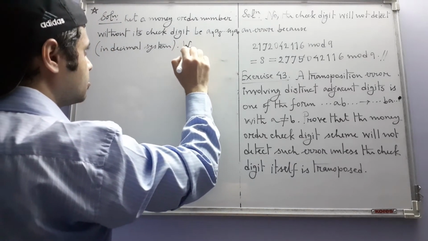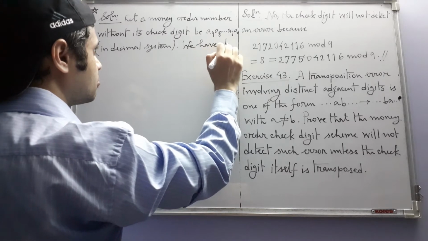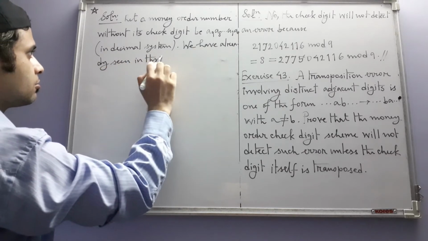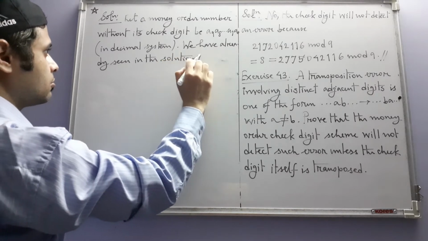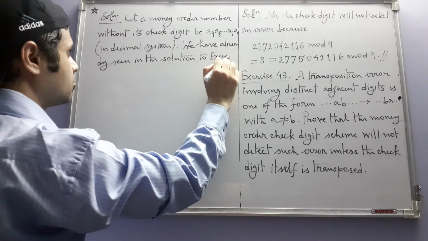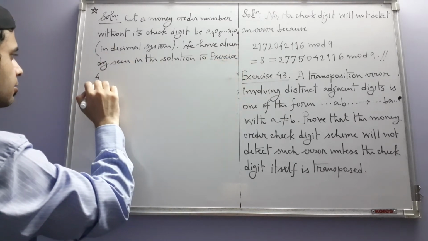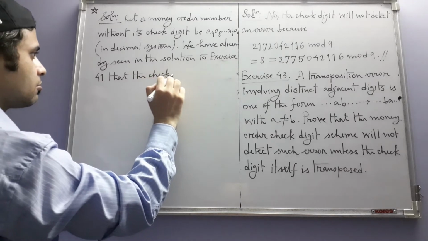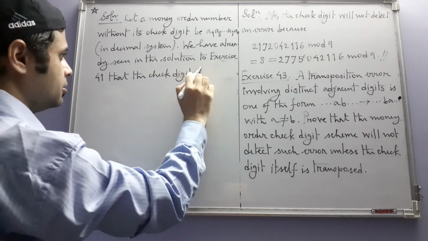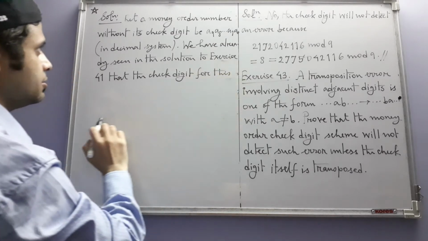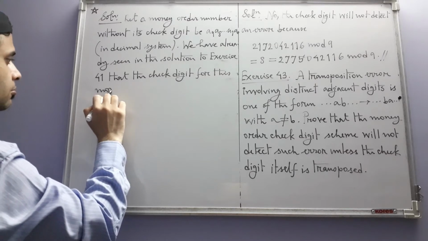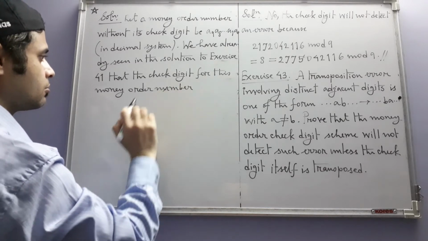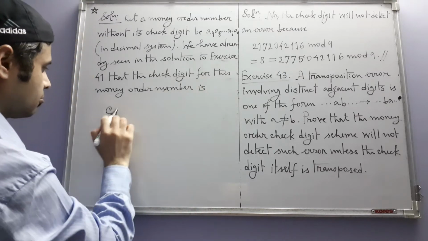Now we have already seen in the solution to exercise 41 that the check digit for this money order number is this, mod 9.